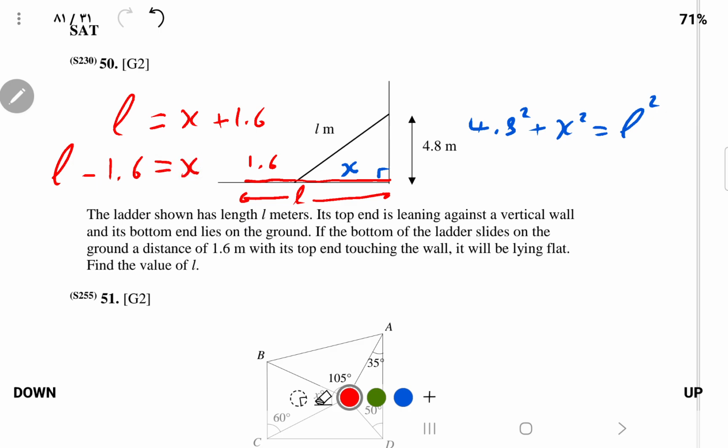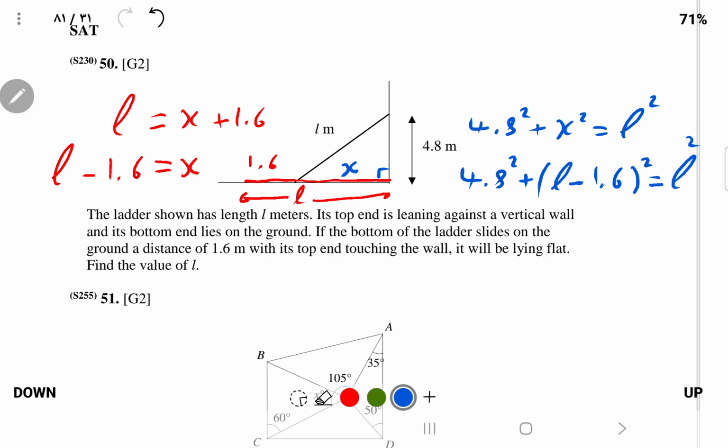And since we want to find L, I can plug this amount here. I can replace x by L minus 1.6. Let's do that. So now we have 4.8 squared plus (L minus 1.6) squared equal L squared.